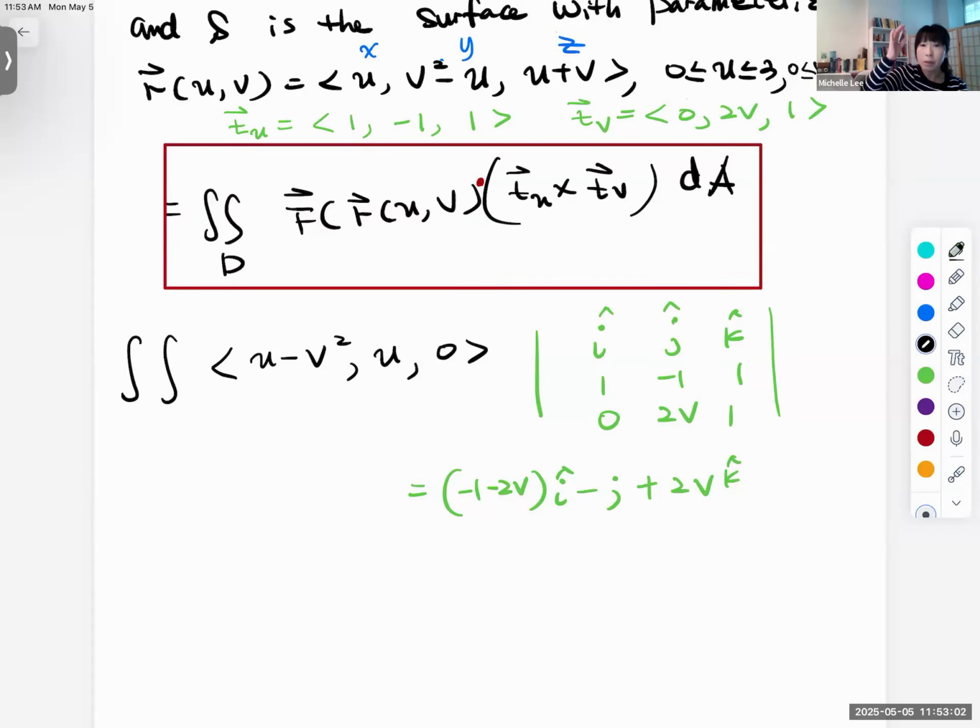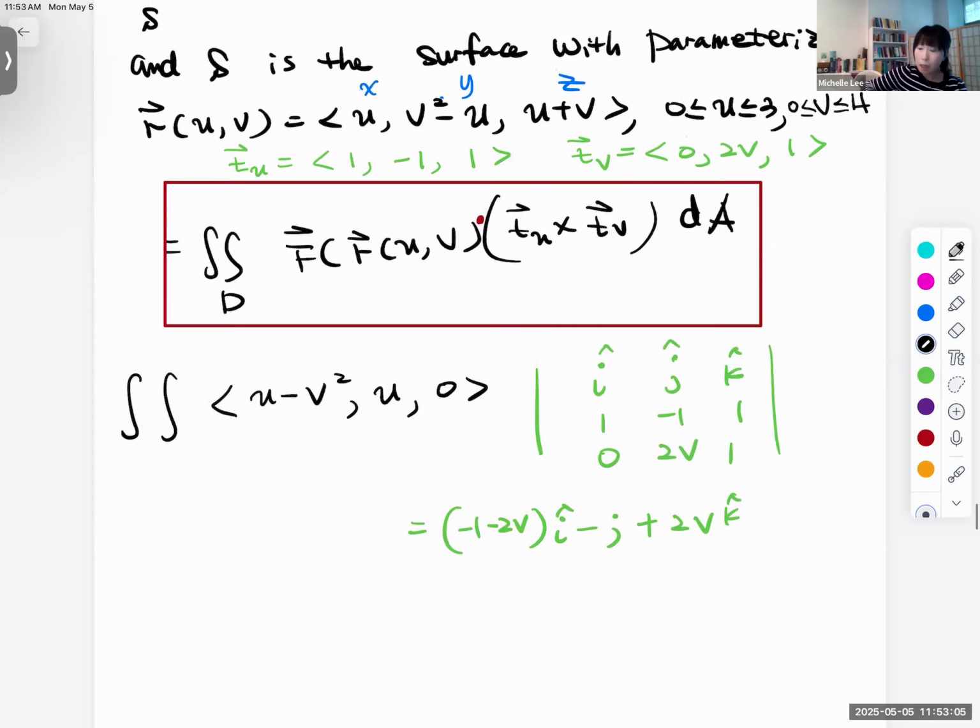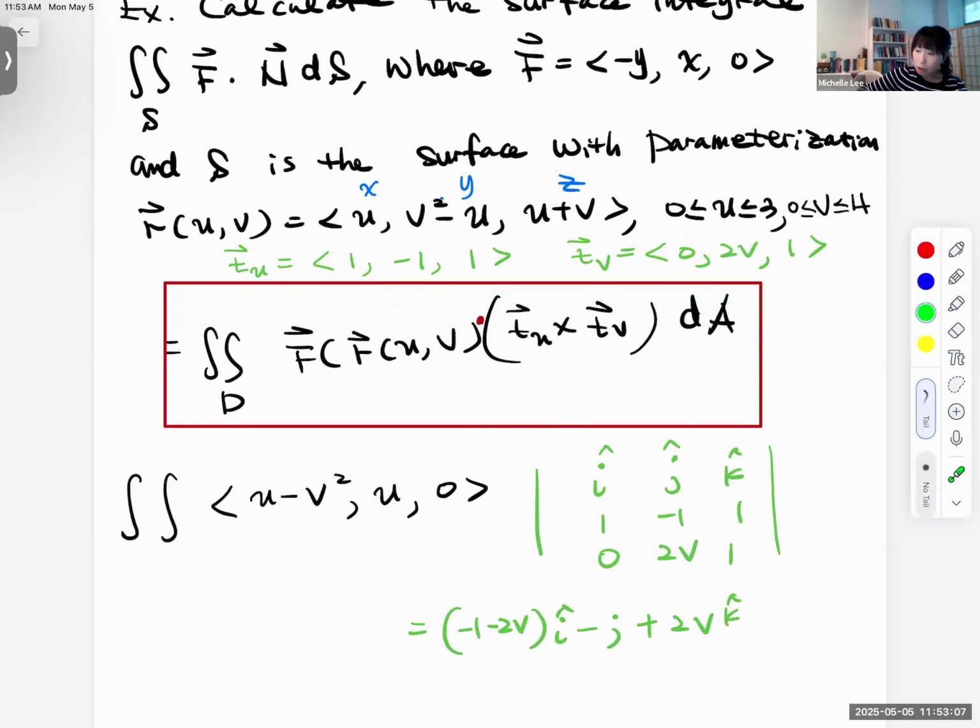Okay, so let's find the limits. It does not matter which is first because both have numbers. So let's follow du dv. So u equals 0 to 3 and v equals 0 to 4.